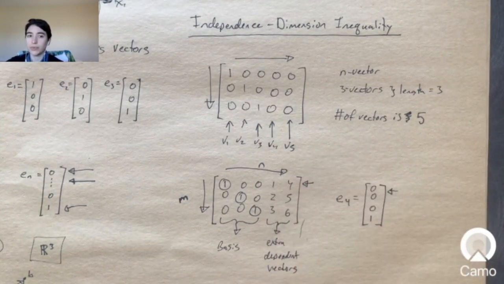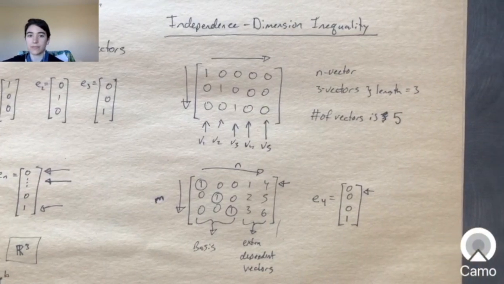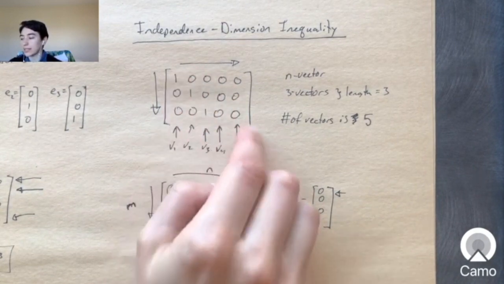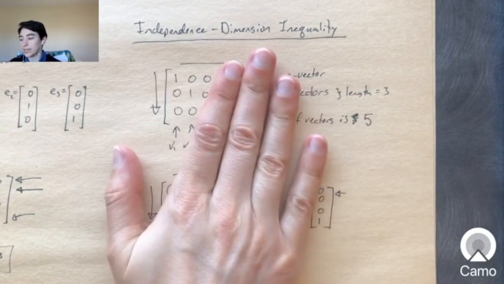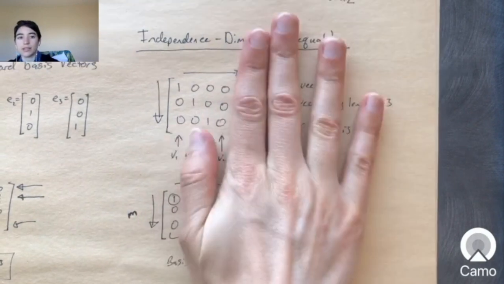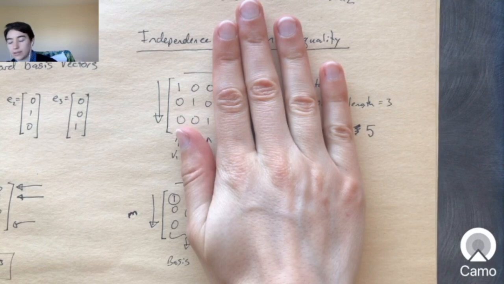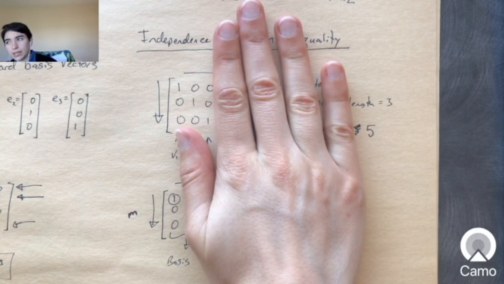And let me move it over so you don't have all the other stuff clouding your view. Okay. The first thing we see in this matrix here is something that looks a lot like the identity matrix. And that's on purpose.